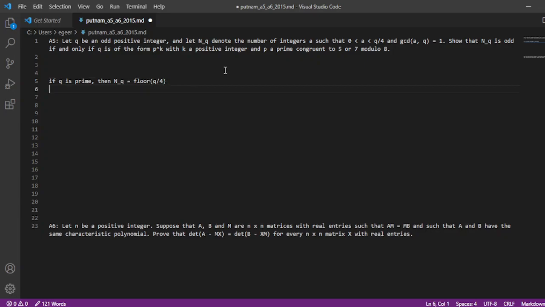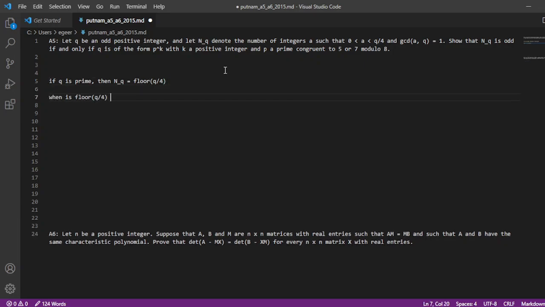Well, when is floor Q over 4 odd? Let's say Q is 8t plus r, whatever. So I'm just doing Euclidean division.